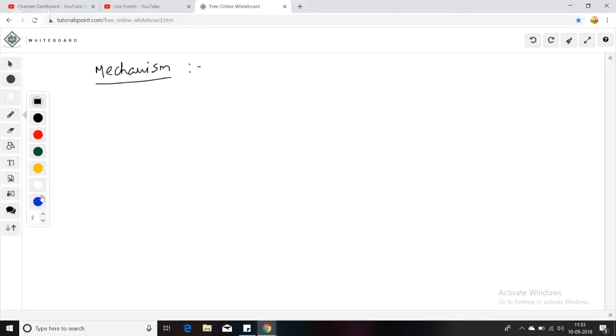Pinacol is this: carbon, carbon, CH3, CH3, CH3, CH3, OH and OH. Okay. So if you have H plus here, this H plus is taken up by the lone pair of this oxygen.